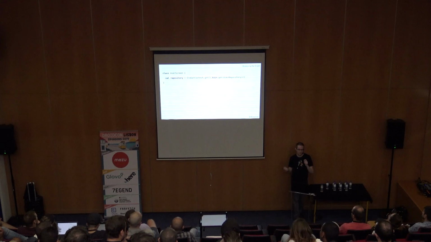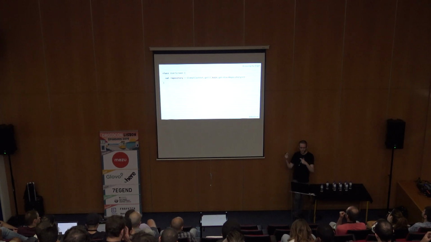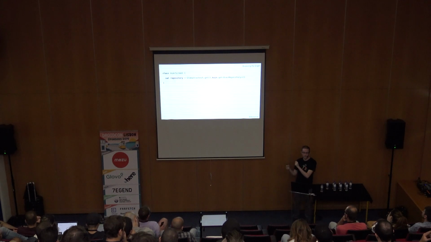We can do this. Remember, we had that global context, and that global context has a nullable var which references a Koin instance, which will actually create one if it doesn't have it. So we do globalContext.get, .koin.get, and then we can pass in the user repository type. That get is the same get that we're using inside our module itself.